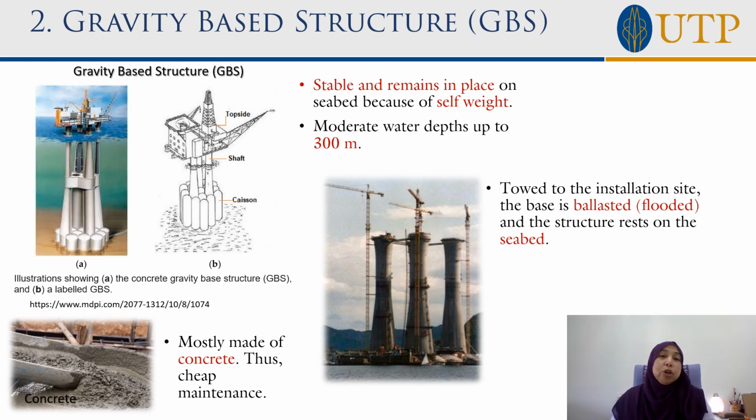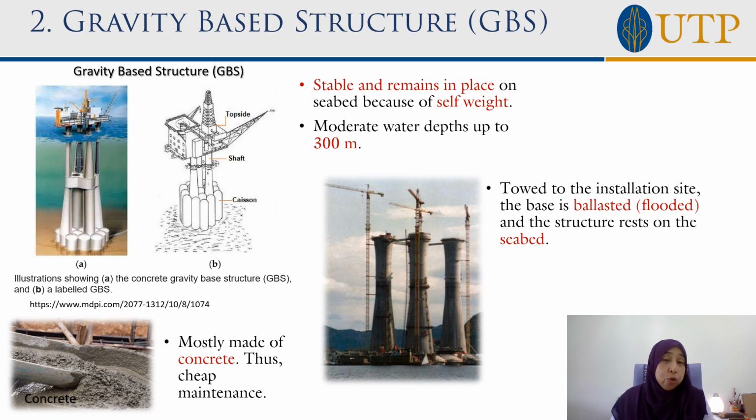Number 2 is what we call the gravity-based structure. By the name itself, it relies on gravity, and you can see it is made of concrete that has been poured into the structure. You fabricate it on land, then bring it onto the installation barge.